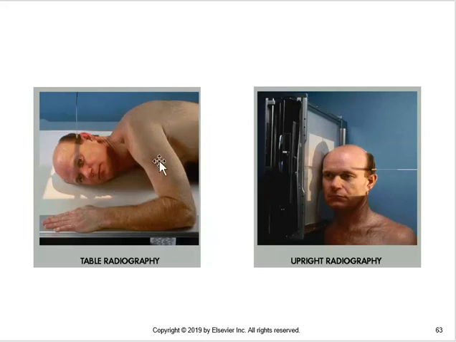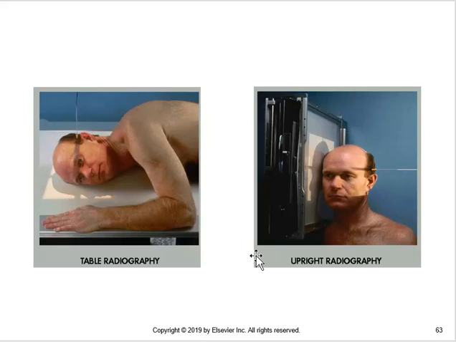So if a patient has this great big barrel chest and a great big fat belly and his head is at a tilt, then what that's going to do is put his interpupillary line at an angle like that. But if he's upright, then he can put all that tissue up under the bucky and he doesn't have that same positioning error.